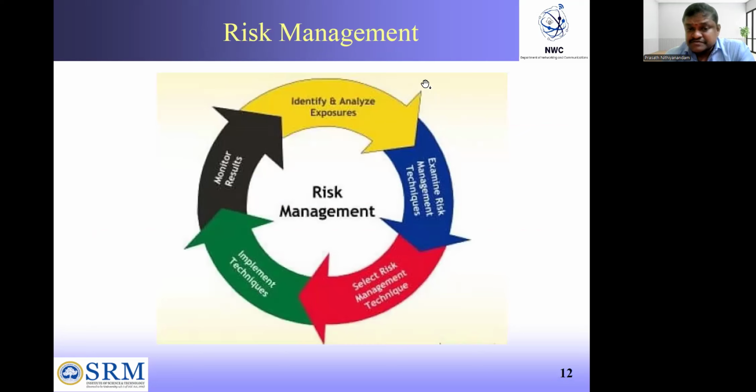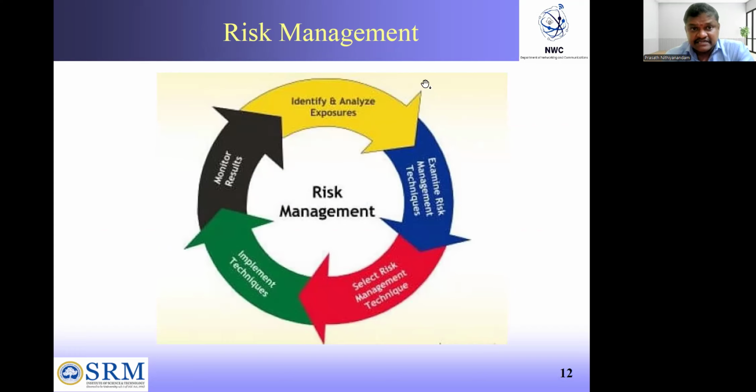So, to summarize, risk management in information security involves a cycle of identifying, assessing, analyzing, treating, monitoring, and communicating risk. By following these steps, organizations can protect their information assets and maintain a strong security posture.